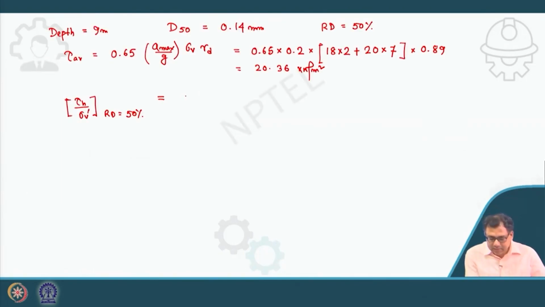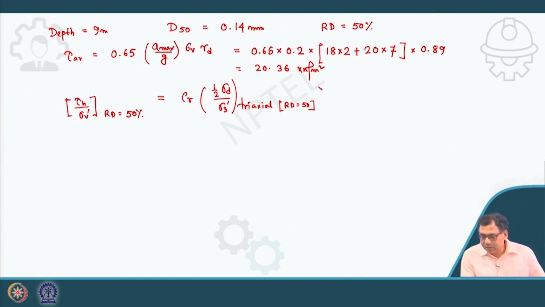So I am taking the CR value as half sigma D by sigma 3 dash in triaxial for RD equal to 50%, and the charts are also developed for 50%. So this is 50 by 50 and CR is 0.57.